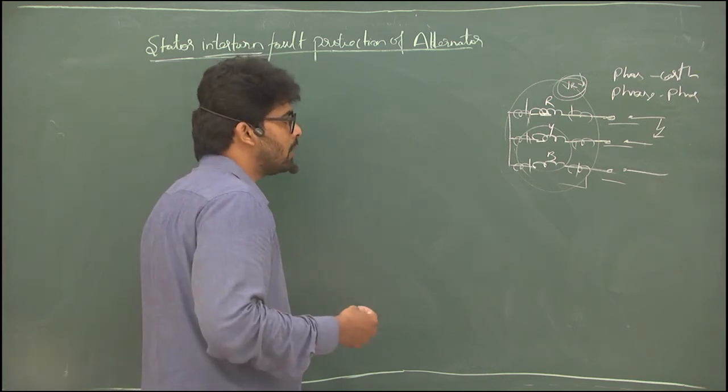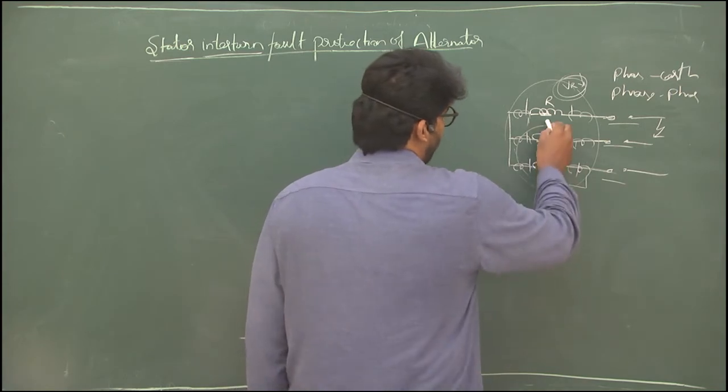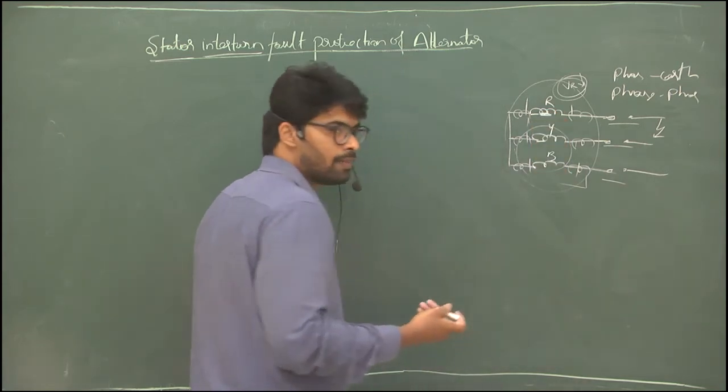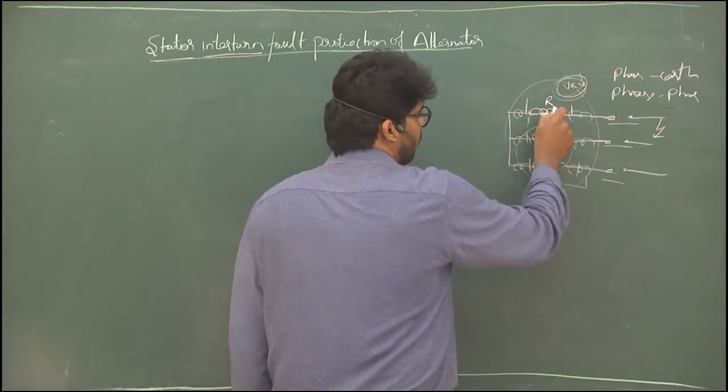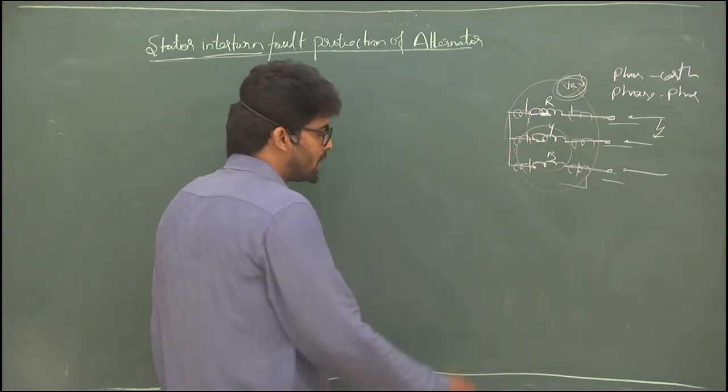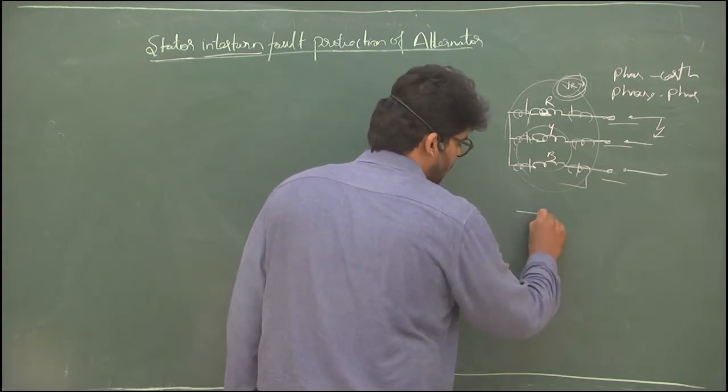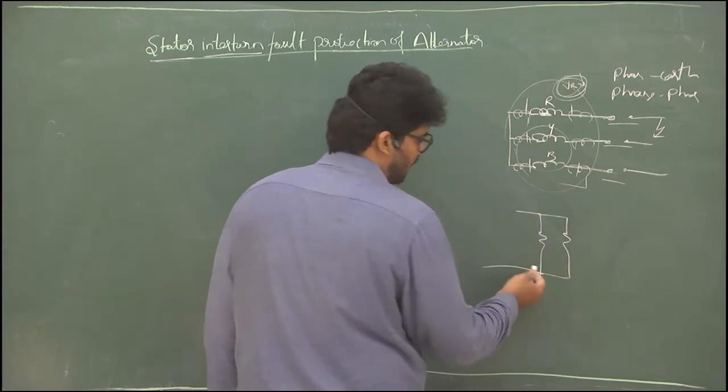For this condition we have to find where the phase change is, that is, if there is a change in the voltage drop, we have to detect it. To understand simply, let us take two parallel elements.